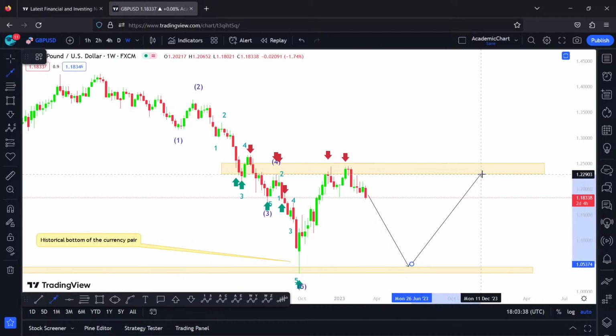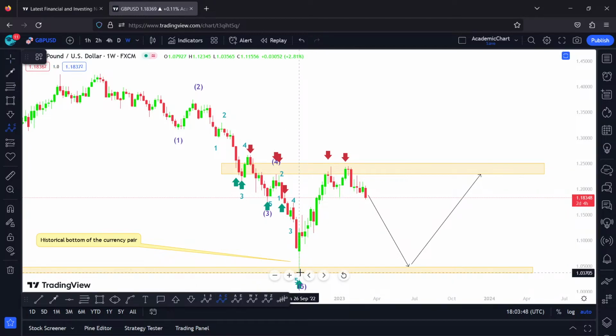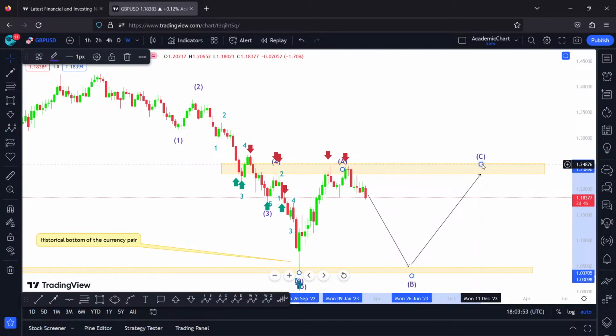After it reaches the end of the impulsive, we have some sort of sideways corrections. One of them is flat, and it might be an ABC, something like that, in a bigger scale.